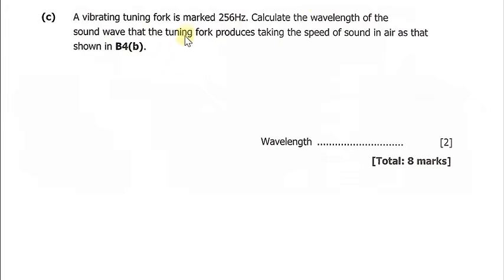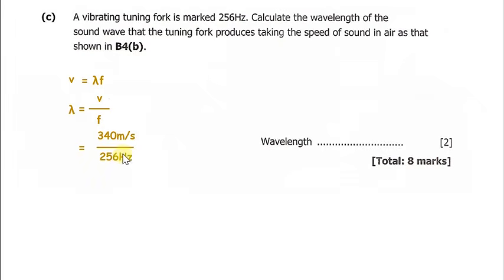So the formula which connects these is this one here, where we say speed (velocity) is equal to wavelength times frequency. Now they want the wavelength, so make it the subject of the formula. Wavelength is equal to velocity over frequency. So substitute velocity, which is 340 from B4, over frequency, which is 256 here.